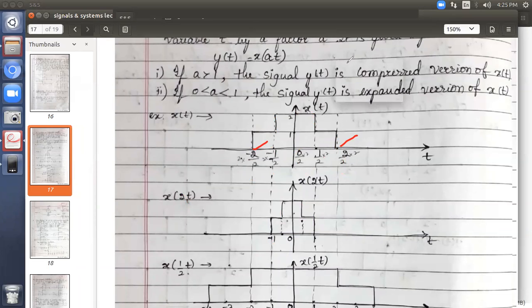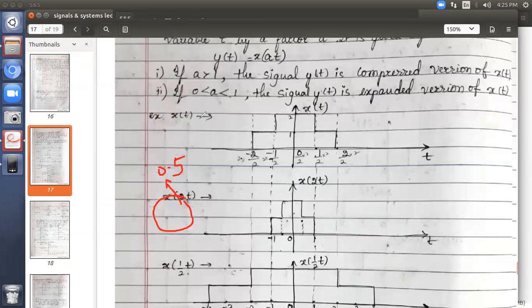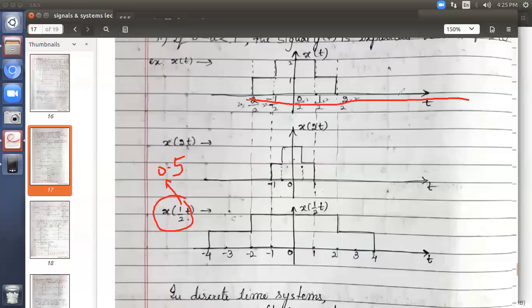Let's see what it is. This is the example, x of half of t. What is the A value? A is 0.5, half, which is in between 0 to 1. So the second condition applies. Hence, we need to go for the expanded version. How to find the expanded version? Let's see.